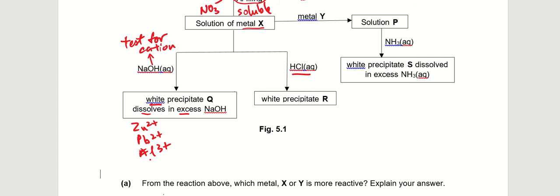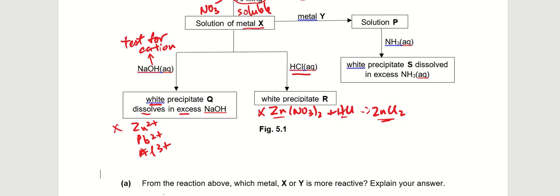If we have zinc nitrate and we add HCl, what will we get? Let's switch the ions. We will get zinc chloride. But we know that zinc chloride is a soluble salt, so definitely it cannot be zinc.